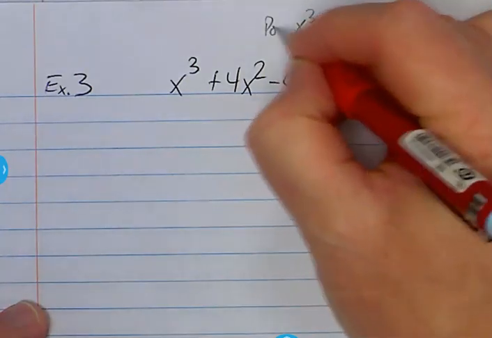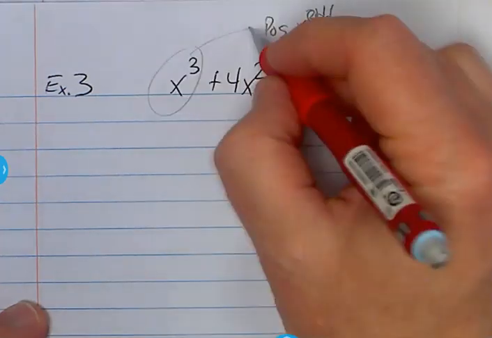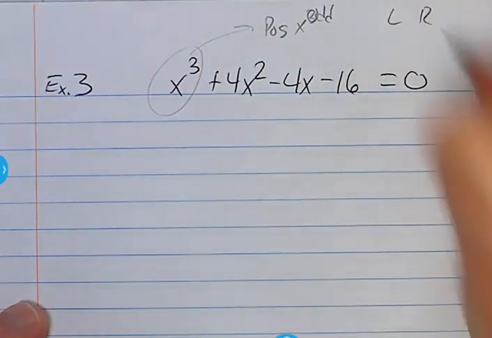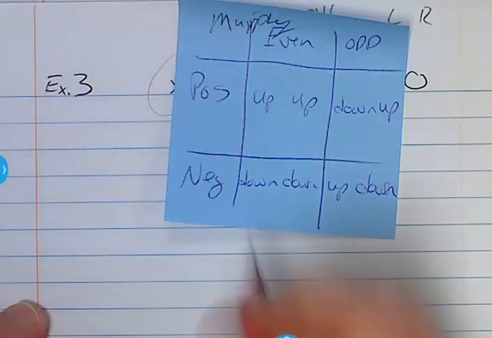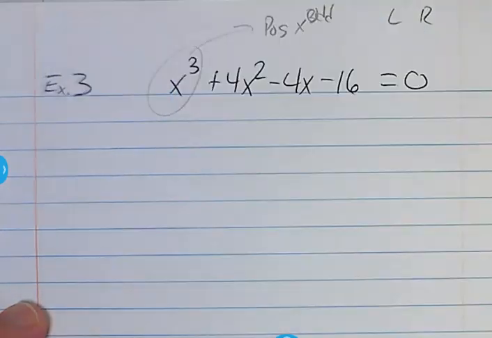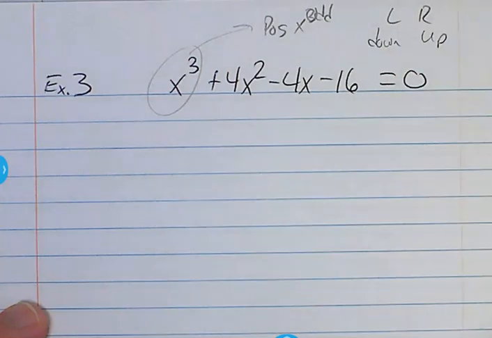So, again, it's a positive number, and it's x to an odd power. So just like the other ones, that means your left side and your right side. So again, positive, odd power, left side's down, right side's up. Okay, so that's the end behavior you get.